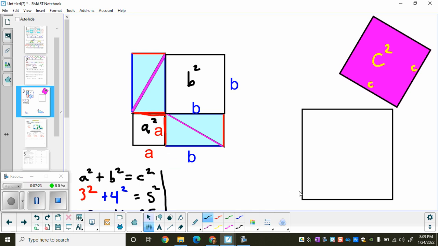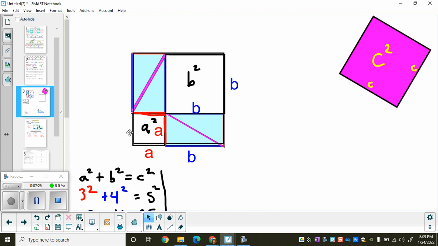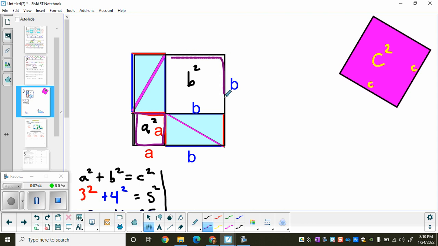Now, if I bring this back, see how it's the whole entire thing again? See how my little blue triangles here, plus that leftover space, make up the entire area? So what I can now officially prove to you guys is this right here and this right here are the leftover purple part.